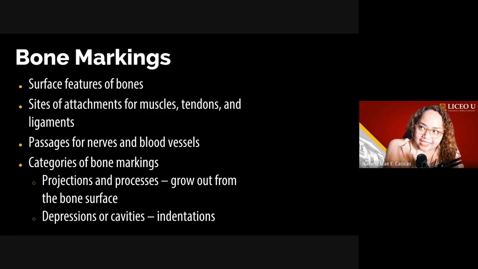If you feel that protrusion, yes, that is a process. The acromion process is found in your scapula. Just try to feel your bones. So kanang mga prominent kaayo, these are usually your projections and your processes.